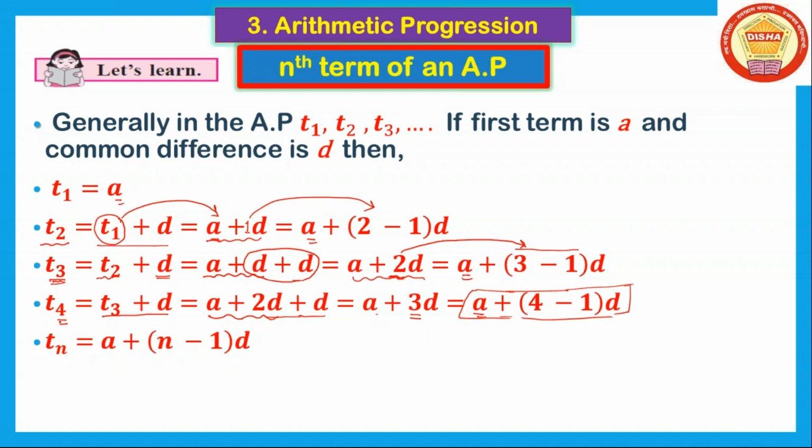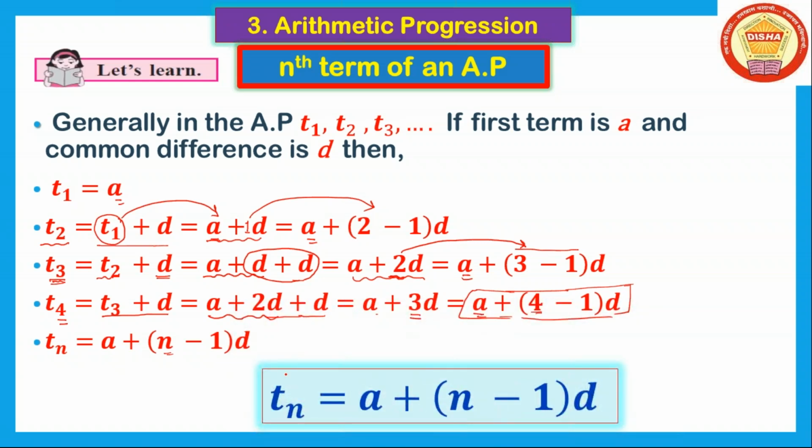And here fourth term is given, so we put here 4. So we are finding here nth term. So instead of 4, we are taking here n minus 1 into D. Means after that simplification, we find here Tn is equal to A plus in bracket n minus 1 into D. And this is the formula to find the nth term of an AP.